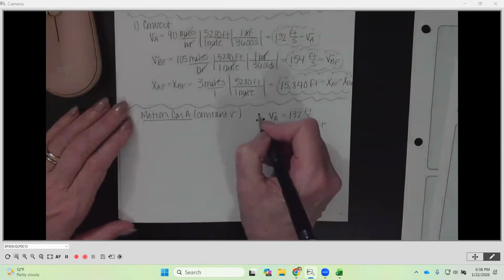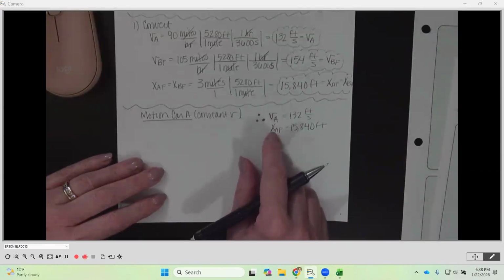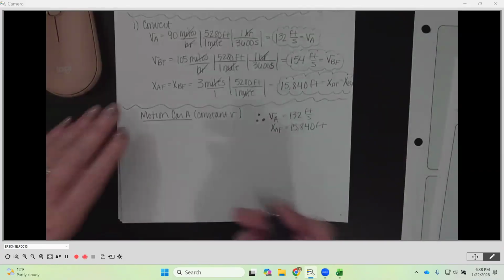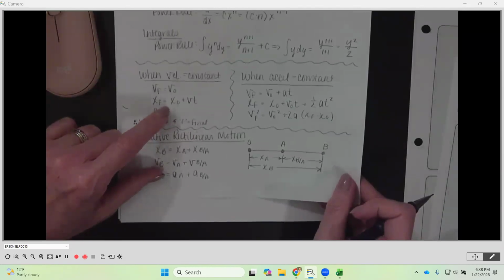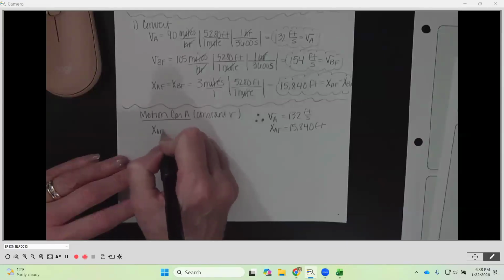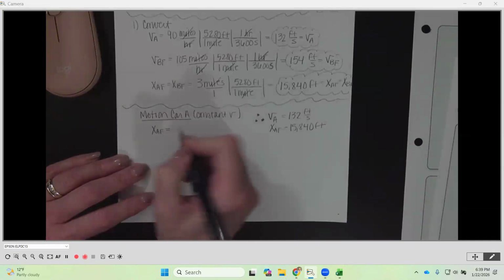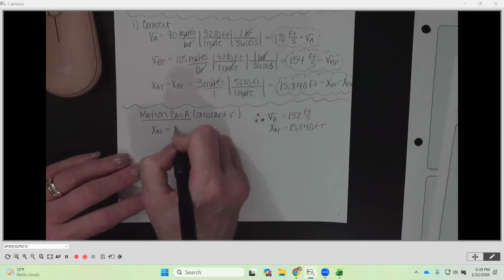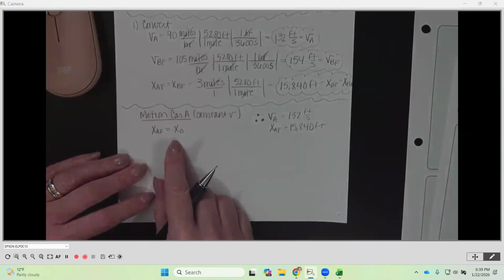If we look at the equation relating distance, time, and the velocity, because we know both distance and velocity, and we can then calculate for the time, we are going to use the middle equation here. So our XAF, which is the 15,840, is going to be equal to the original distance from the origin.